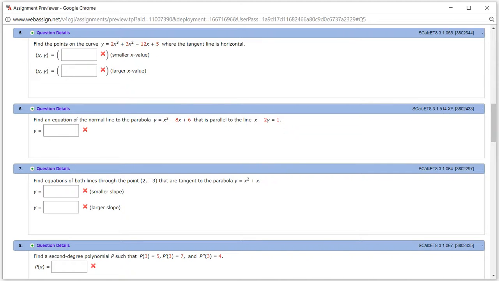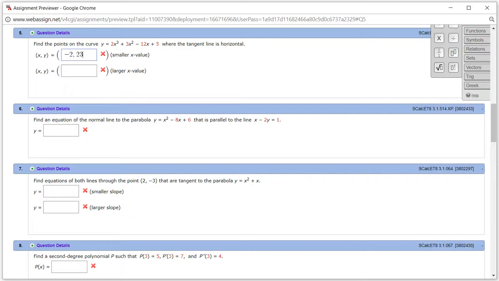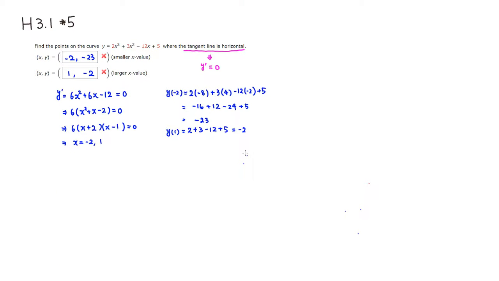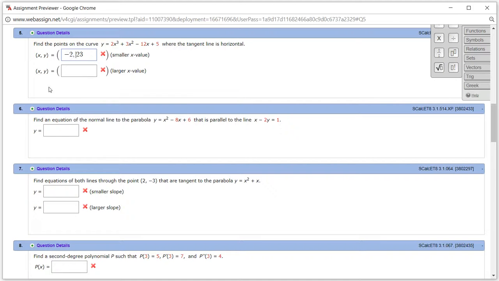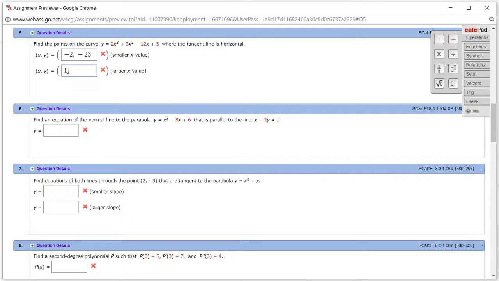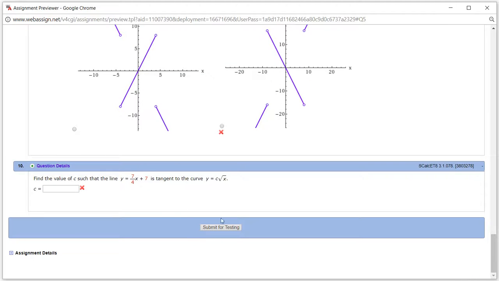We got negative 2, comma, negative 23, and then 1, comma, negative 2. Let's submit for testing.